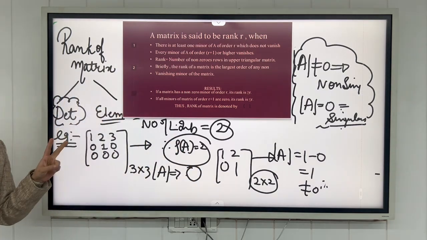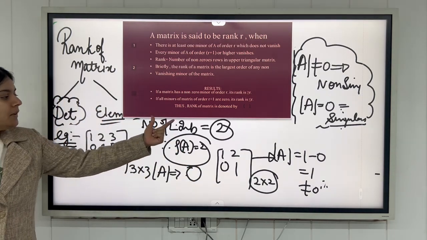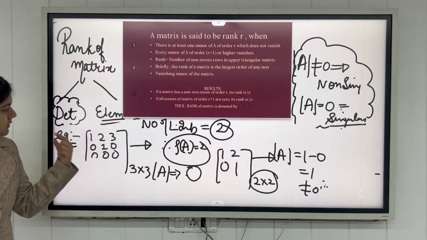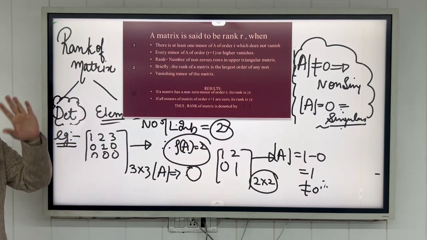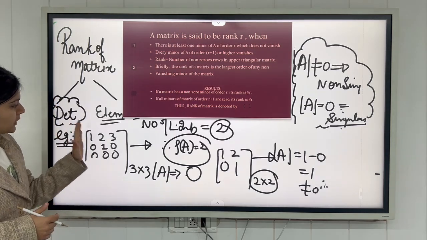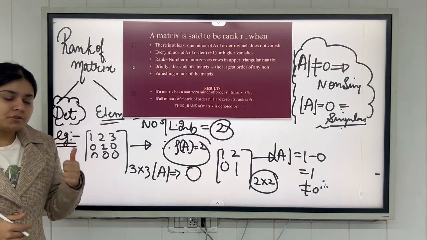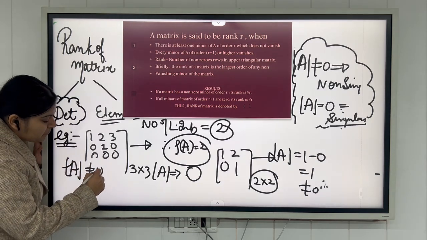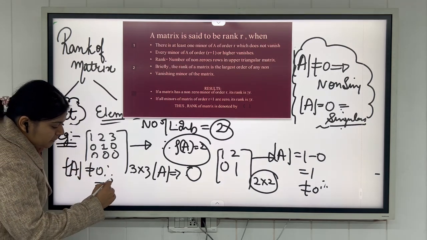Now I have already told you 2 methods. One is the number of linearly independent rows, the straightaway point, and another is the determinant method. If I club all these points and give you a summary for the determinant part, you always make sure that if the determinant value is non-zero for that particular order, that will be the rank.